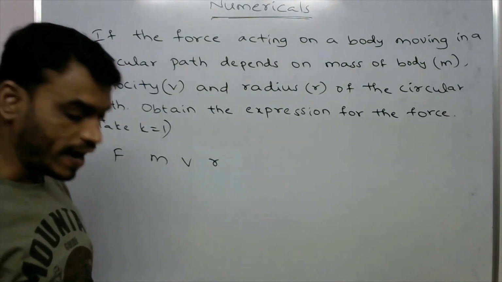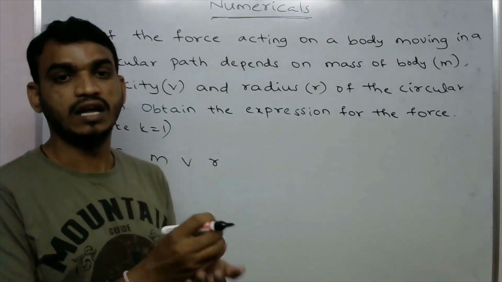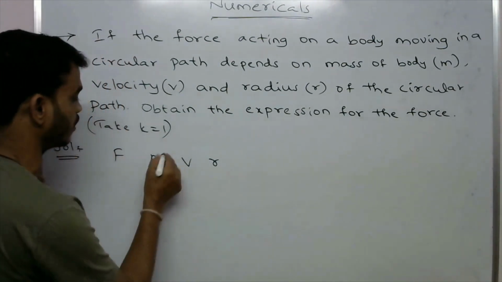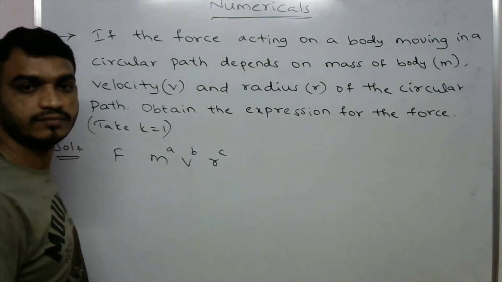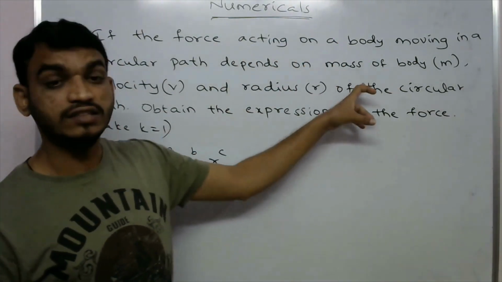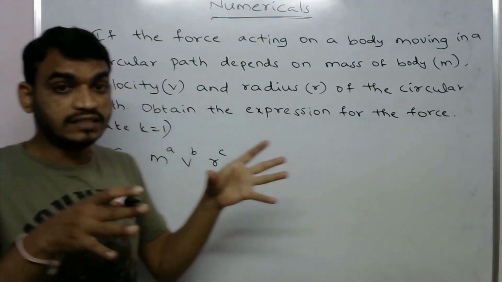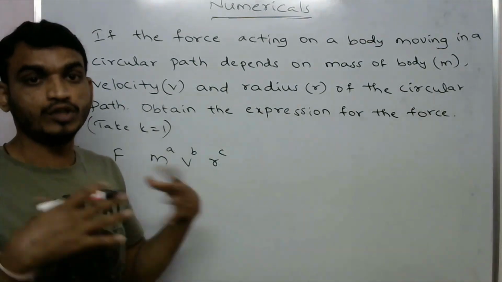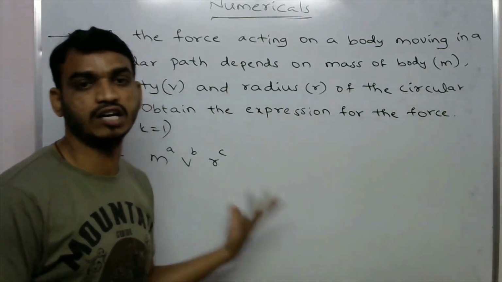Okay, so to find out the power values, initially I will take some values. That means I am considering these powers initially as A, B, and C. Okay, so this force depends on these three physical quantities, and suppose I am considering the force is directly proportional to these three physical quantities.